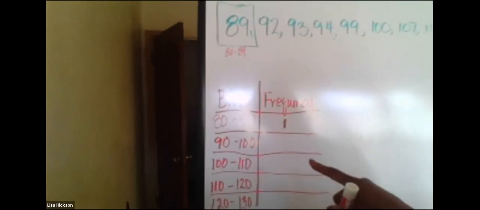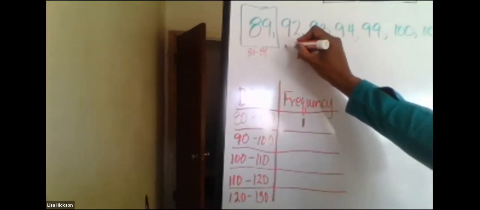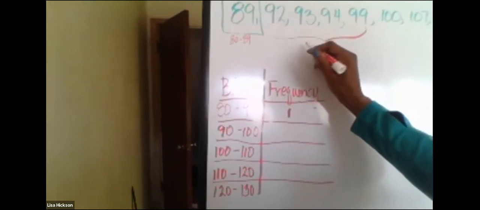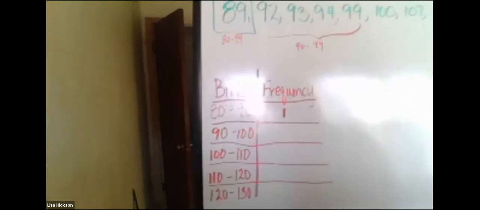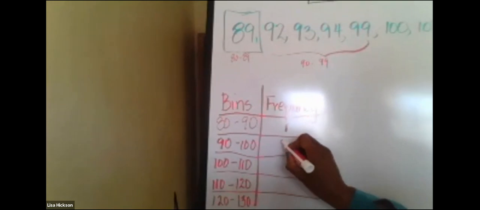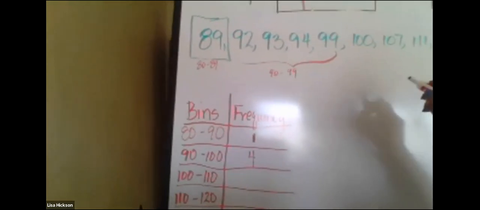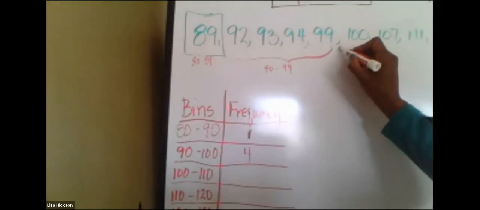In this second bin, from 90 to 100, we count from 90 to 99. We have four values. From 100 to 110, we count 100 to 109.